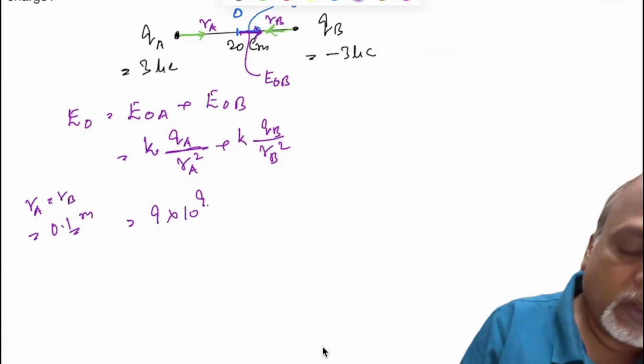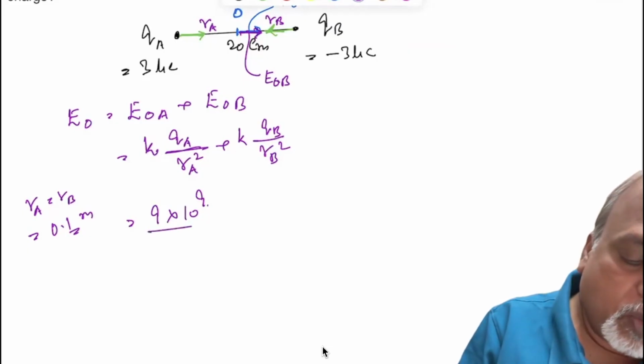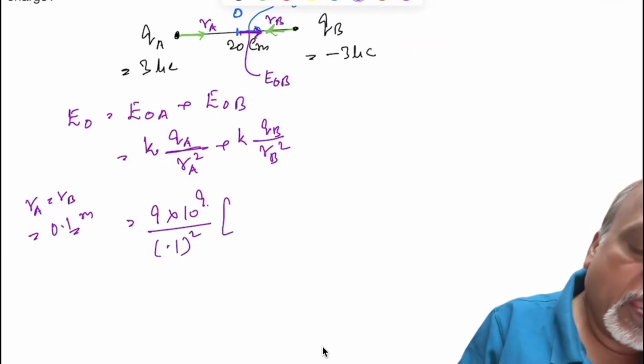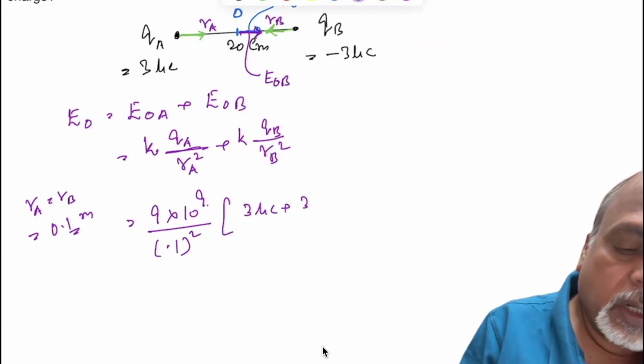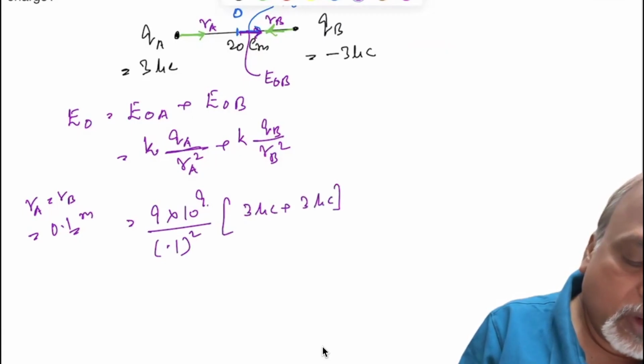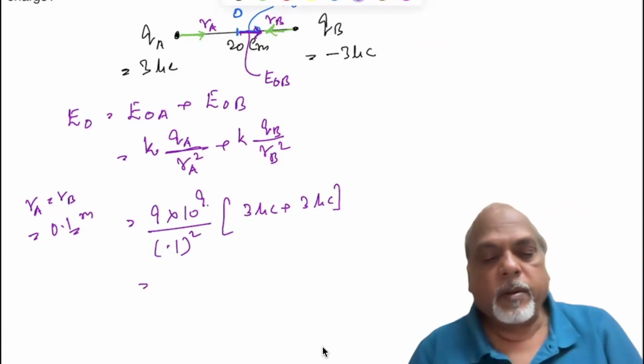So 0.1 meter square, and QA plus QB is 3 microcoulomb plus 3 microcoulomb.